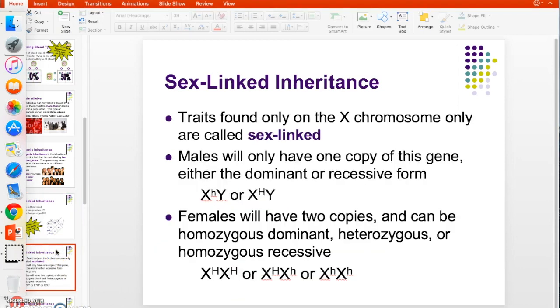When we're talking about sex-linked inheritance, we work the problems with the X and Y chromosomes, and then we use the superscript, the little floating letters, to indicate whether or not the individual has the trait. The females will tend to be the carriers of these diseases, and the male offspring will be the ones that inherit the disorders. Most of these disorders are recessive in nature.